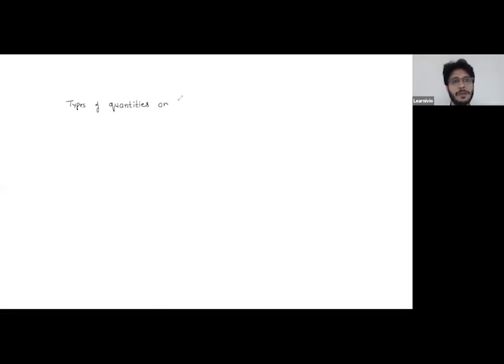On the basis of dimension, you can divide quantities into a few categories.